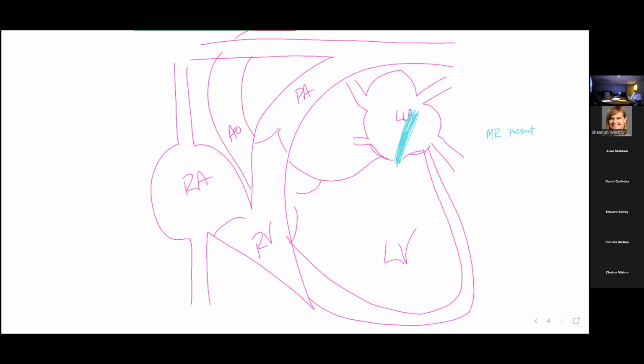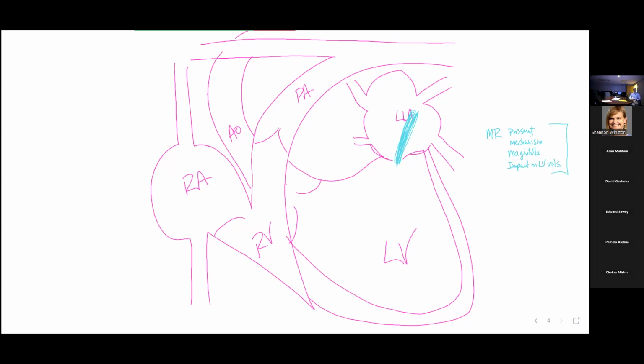We want to know its mechanism. We want to know the magnitude of the mitral regurgitation. And we want to know its impact on LV volumes. Right? If we know these things, then we can make an informed decision.